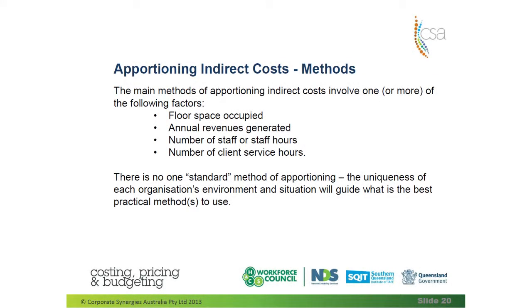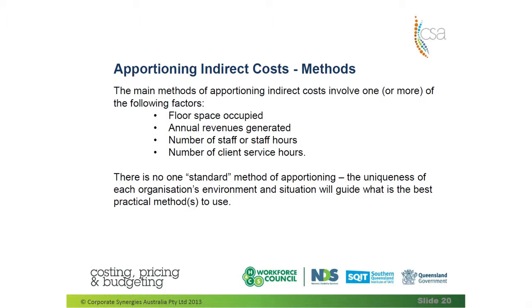We naturally want to spend more time on those programs that we like the most. And then there's also the number of client service hours. So the bigger the outputs required from each of the programs, the more overheads we may attribute to that.